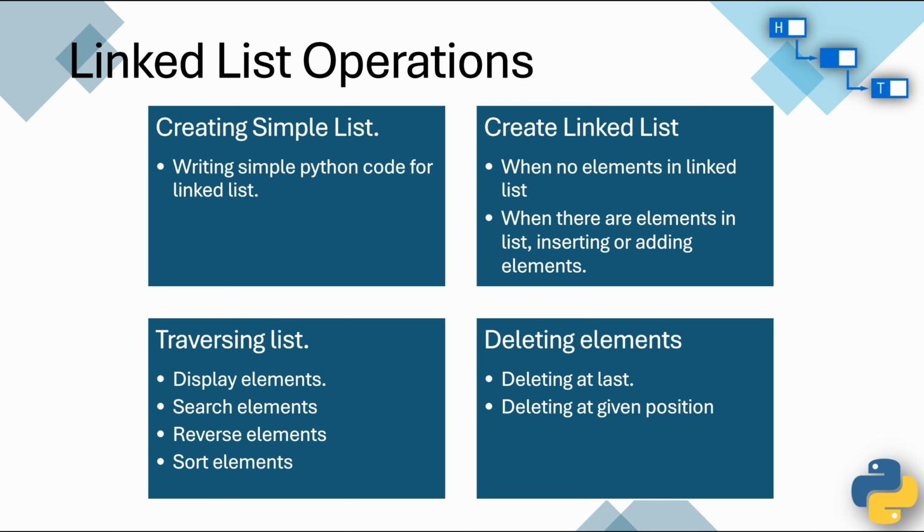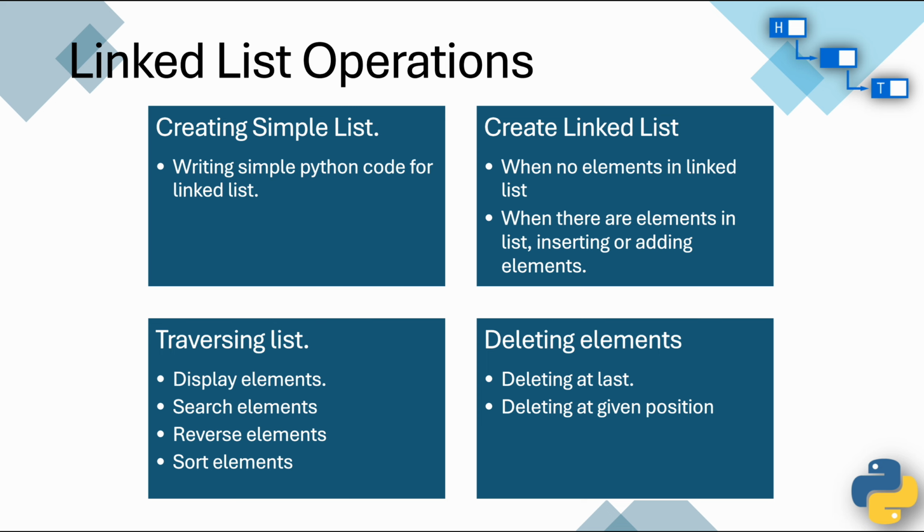Linked lists usually follow these general operations. If you consider writing simple Python code for a linked list, we will do these operations in this video. Creating a linked list when there are no elements, how do you create it? That is covered.